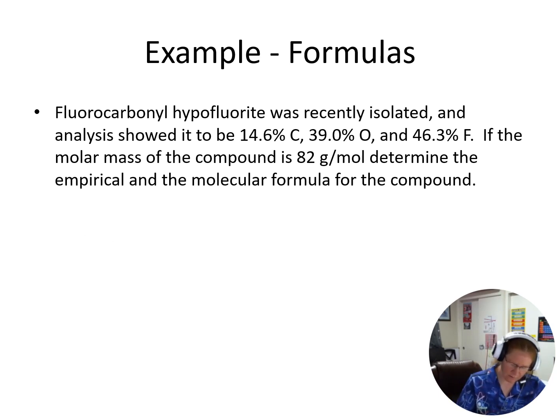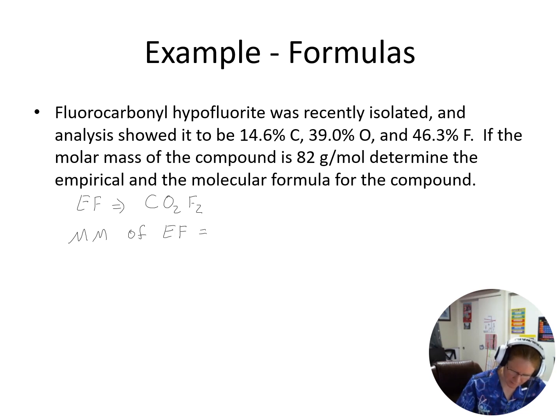So our empirical formula was CO2F2. Now we need the molar mass of the empirical formula. So we'll get 12.01 plus 2 times 16 plus 2 times 19, and we will get 82.01.